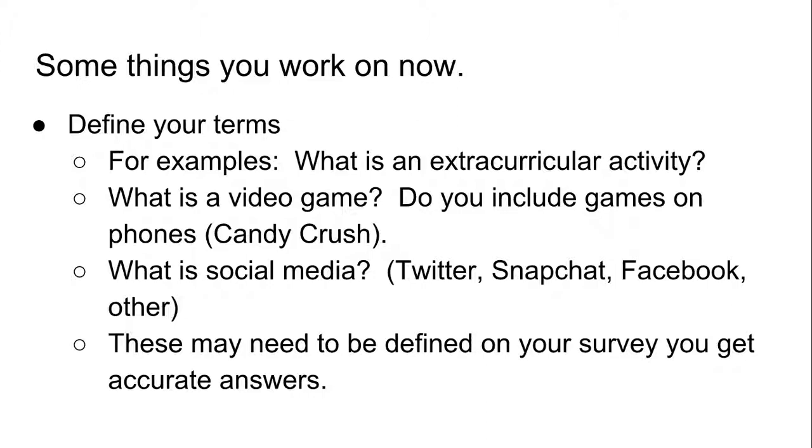Maybe they include video gaming and talking to friends on video games, which you could include, but if you're going to include it, it needs to be part of your definition. So you need to define terms, which is very, very important, because you have to know what you're talking about, and so do the people who are being surveyed, and so do the people who are reading your finished paper.